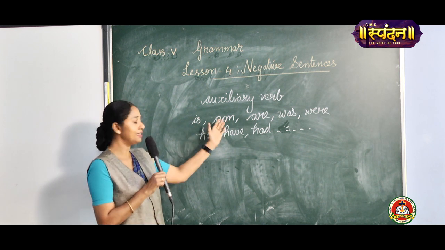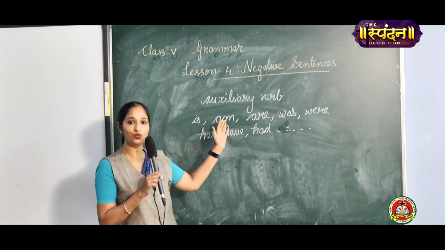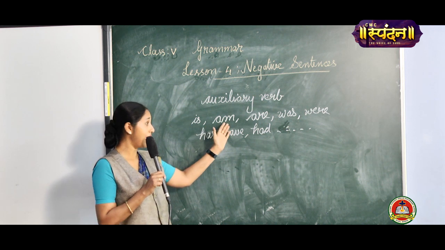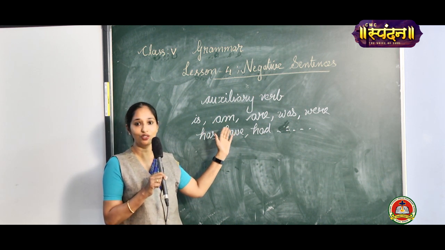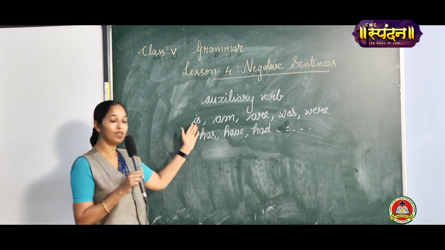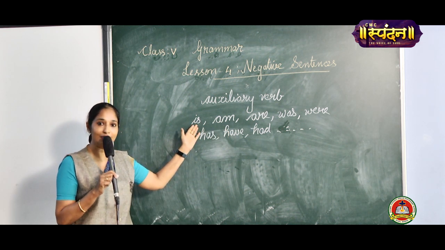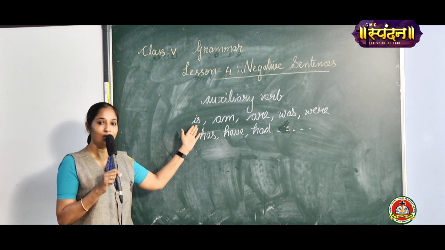If we take each word like is or am, it doesn't have a meaning of its own. Try to give the meaning of the word is. Does it have a meaning? No, it doesn't have a meaning on its own.